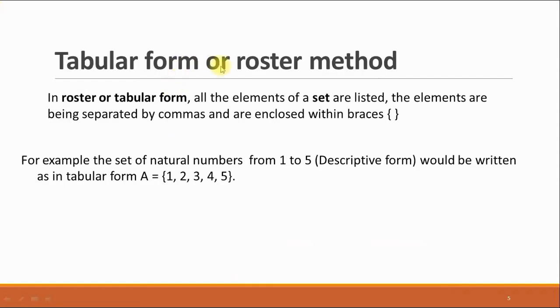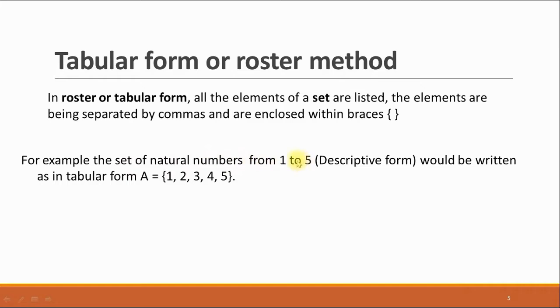Tabular form or roster method. In roster or tabular form, all the elements of a set are listed. The elements are separated by commas and are enclosed within braces. For example, the set of natural numbers from 1 to 5. Now this is the descriptive form.